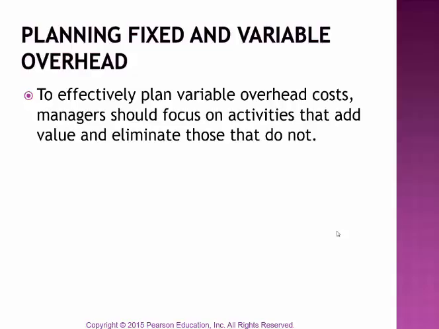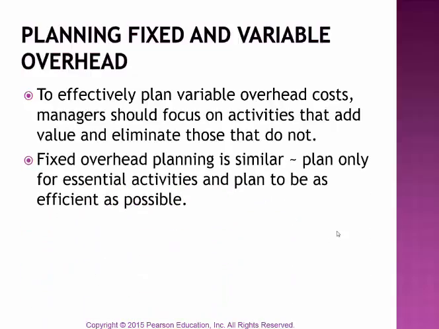If it is not adding to the value of the product or the service that we are producing or giving to our customers, that they'll pay for, aka value added, then we really don't need to be doing it. If we can eliminate non-value added activities, for which we incur costs and expenses, then we need to eliminate them if at all possible.